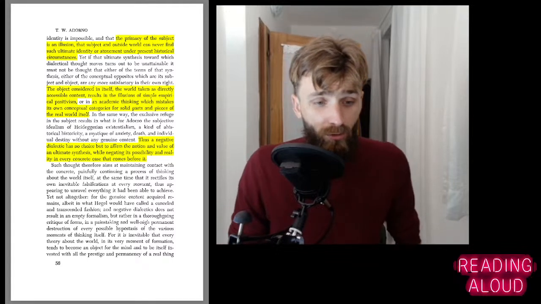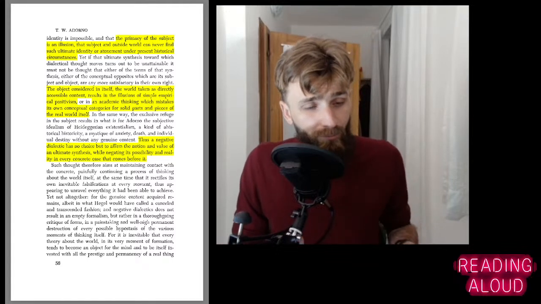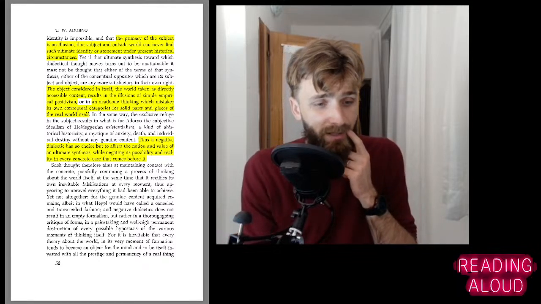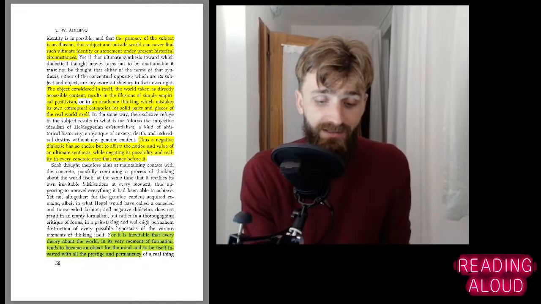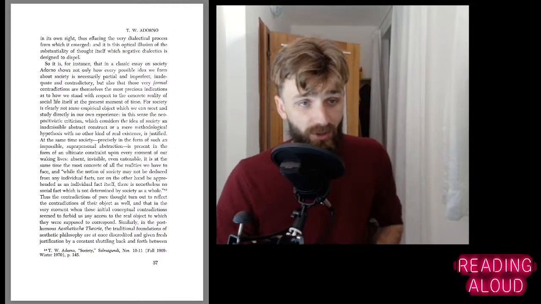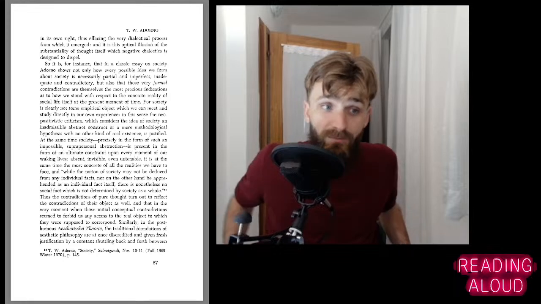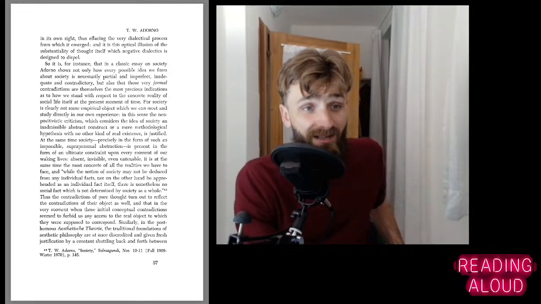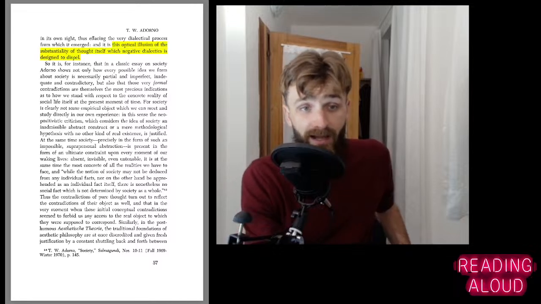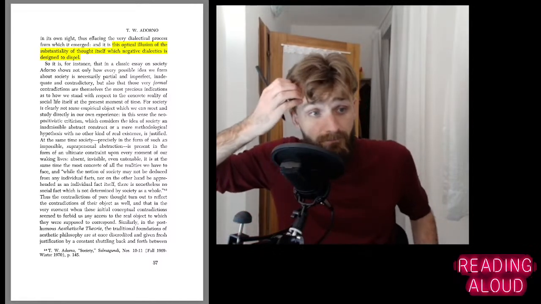For it is inevitable that every theory about the world, in its very moment of formation, tends to become an object for the mind, and to be in itself invested with all the prestige and permanency of a real thing in its own right, thus effacing the very dialectical process from which it emerged. And it is this optical illusion of the substantiality of thought itself which negative dialectics is designed to dispel.